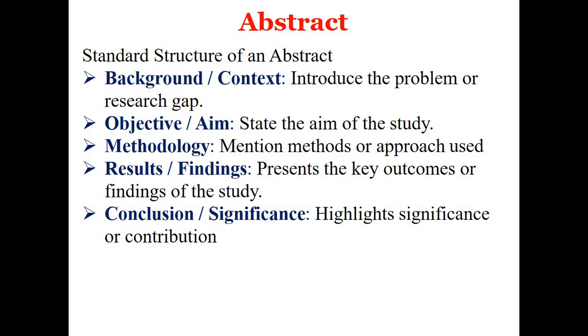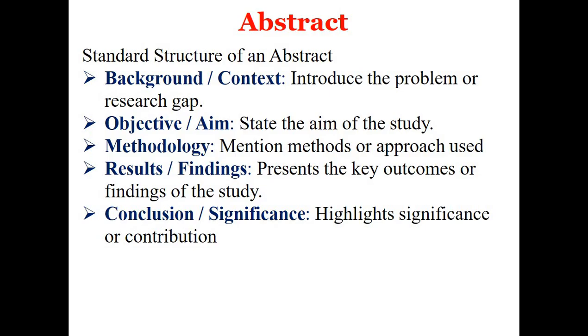First we have to write the background or context, meaning we introduce the problem or research gap. After that we write the aim of the study. Then we mention the method or approach used to perform the experiment, and the results and findings.